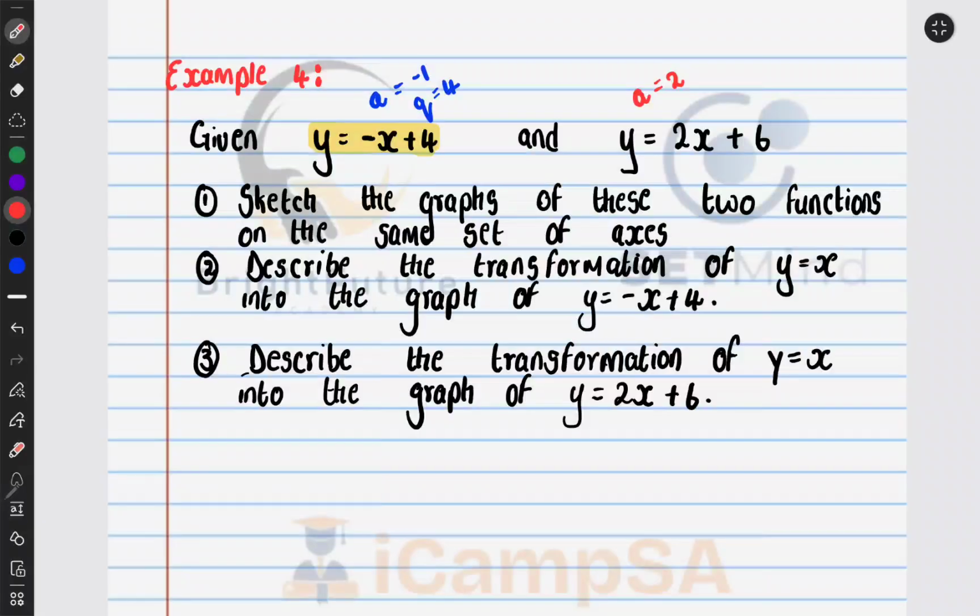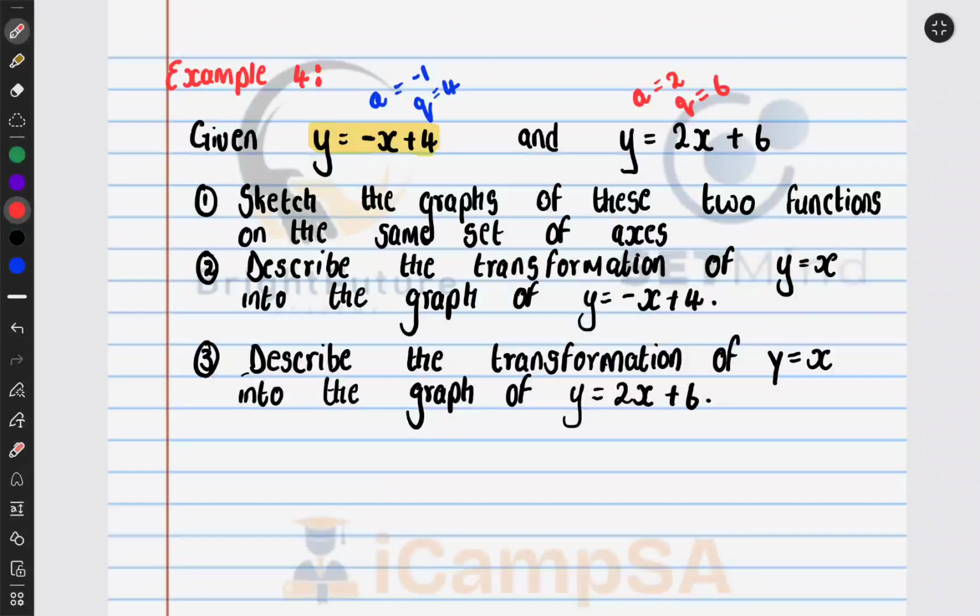So the value of a has been increased. It has become larger, so the steepness of this function has also increased. We expect this function to be actually closer to the y-axis. And then next we have the value of q, which is q is equal to 6. So the function has been shifted 6 units upwards.